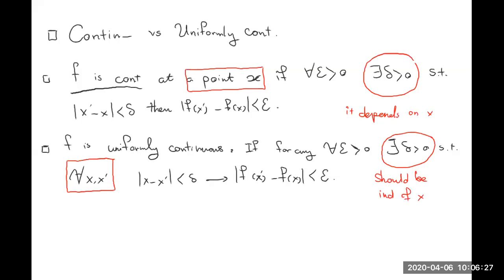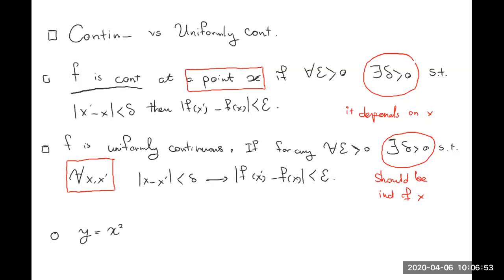We saw one example. One thing we saw in the previous meeting was that being continuous or being uniformly continuous doesn't only depend on the function itself, it also depends on the domain of the function. So the example we saw was this one, y equals x squared.